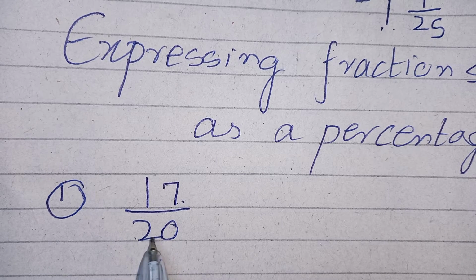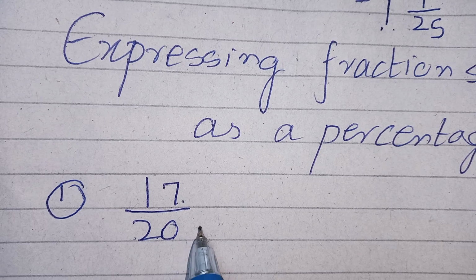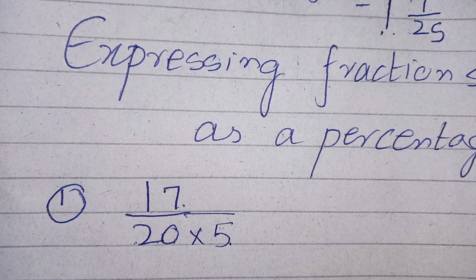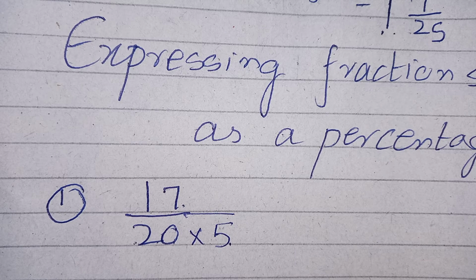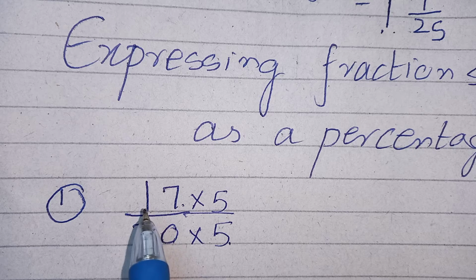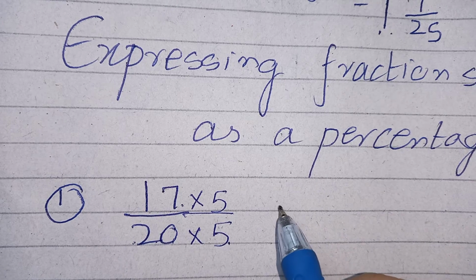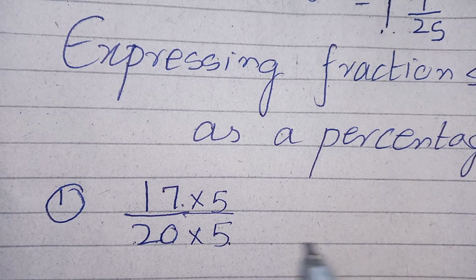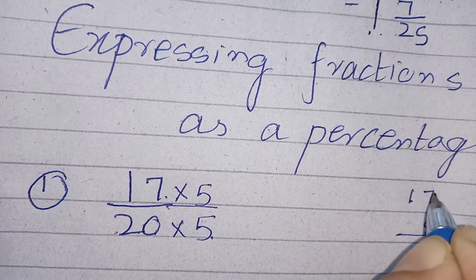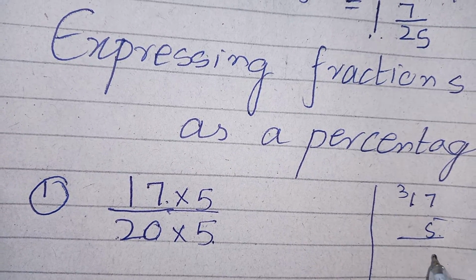So we need to convert this 20 into 100. How? Just by multiplying the denominator by 5, and to keep the balance, we need to multiply the same number in the numerator also.